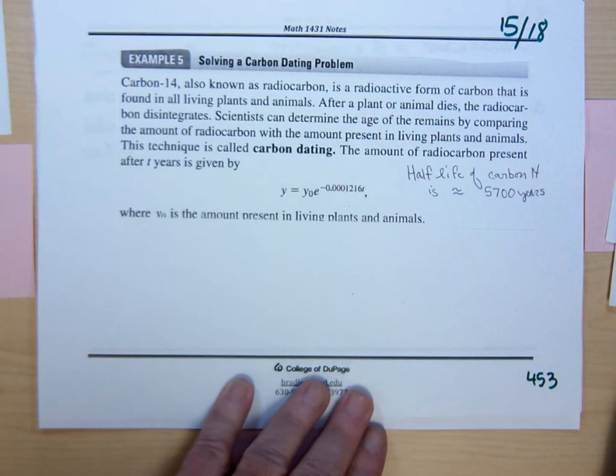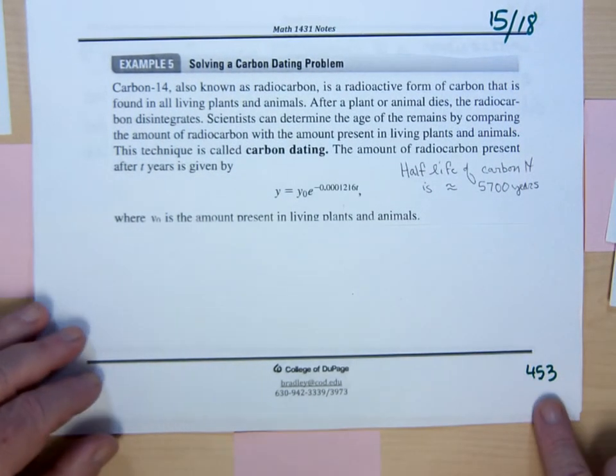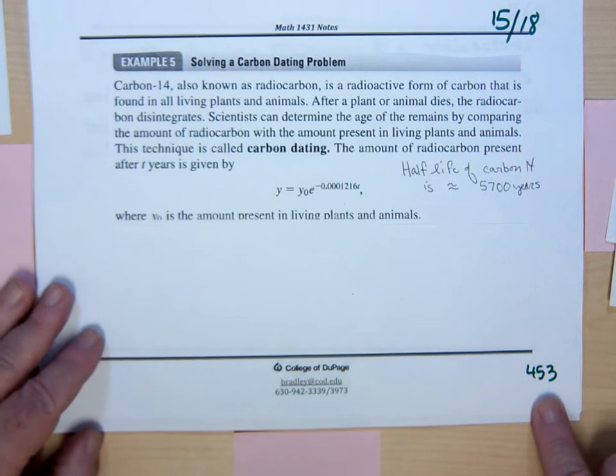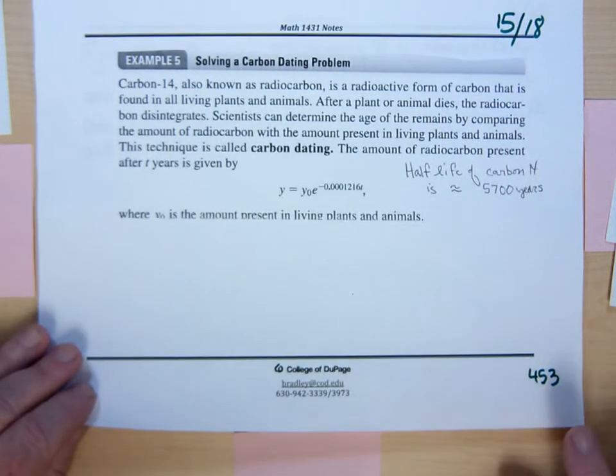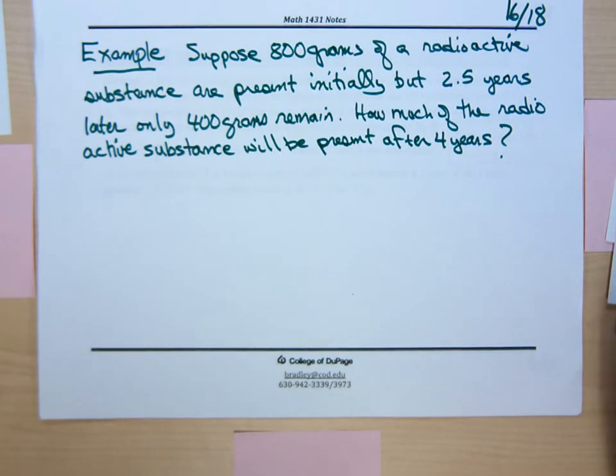And so that's the physics of the problem that is described near page 453 in your textbook. Now, what we're going to do is work a problem with this, and here is the example we're going to study.